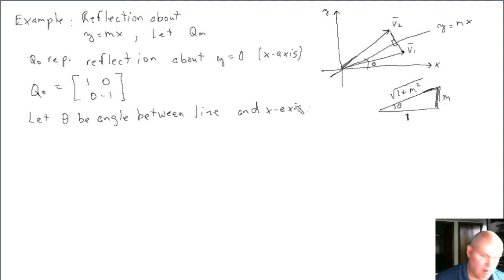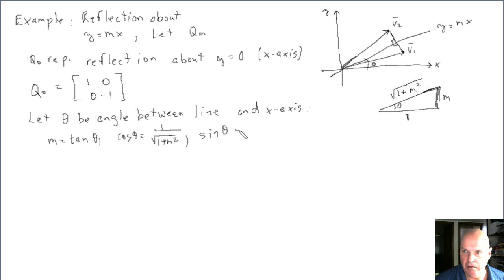And sine of theta, actually, let me write all those down. m is tan theta. And then cosine theta is 1 over the square root of 1 plus m squared. And then similarly, sine theta would be m over the square root of 1 plus m squared.